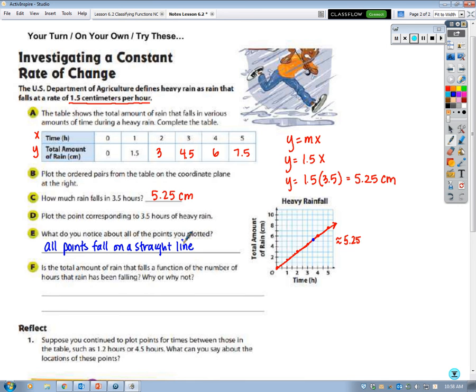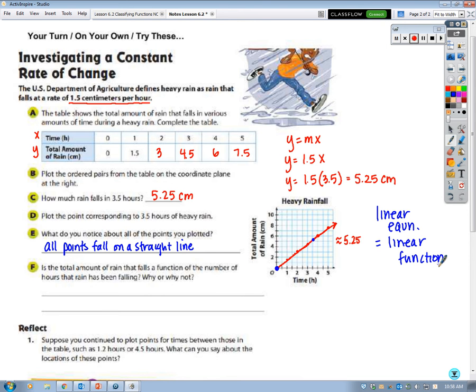And if it's a linear equation, it's also a linear function. And if it's linear, then it can also possibly be proportional. Now, not all linear equations are proportional, but maybe they are. And in this case, this one is also proportional because it starts at 0, 0.